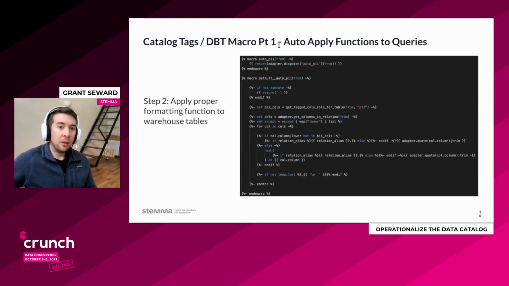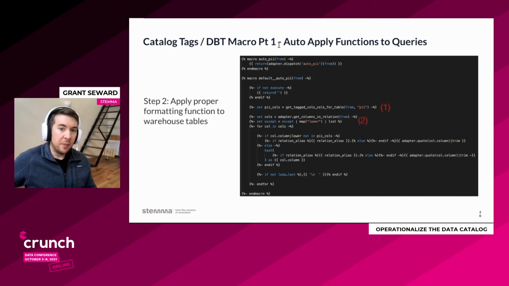The second step here, where the previous macro showed how to get all the columns that are tagged with a specific value, this macro applies the business logic required to obfuscate our PII fields. Again, the first thing we're doing is we're calling the prior macro. This gets the PII columns for the table.